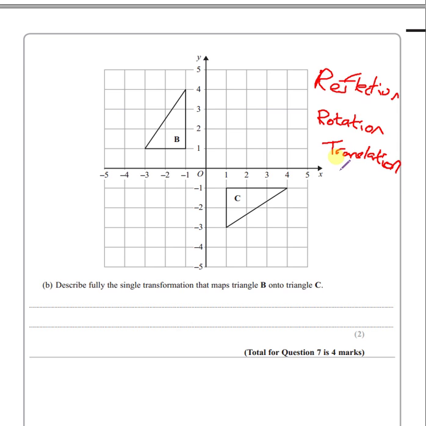Now if it's translation, the shape will always be the same way round, so we know it's not that one. The other two are a bit more difficult.